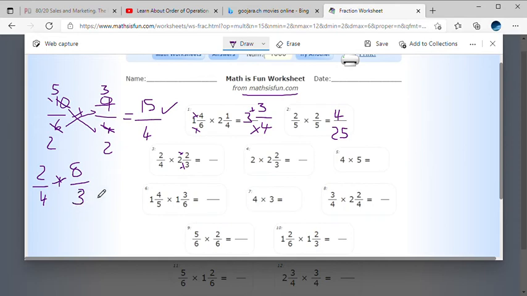We could also simplify the 4 and the 8 by 4, because both numbers are divisible by 4. So 4 into 4 goes 1, and 4 into 8 is 2. So 2 times 2 is 4, and 3 times 1 is 3. You could leave your answer as 4 over 3.